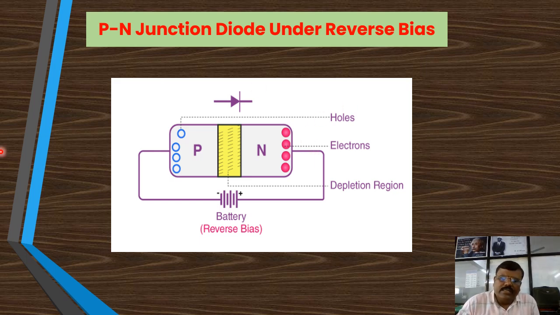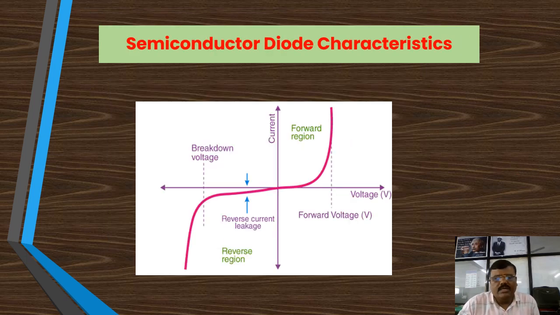The width of the barrier potential decreases, and here in case of the reverse bias, the width of the barrier potential increases, and as a result the motion of the carriers from one side of the junction to the other side decreases significantly.